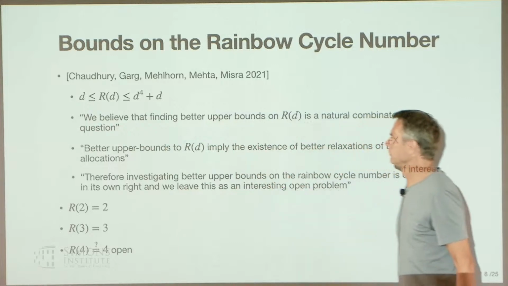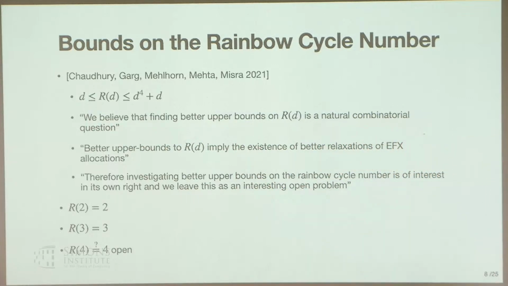But the upper bound is quite large, d to the 4 plus d. And in the paper where this was introduced, they also said that it would be very interesting to compute this number.